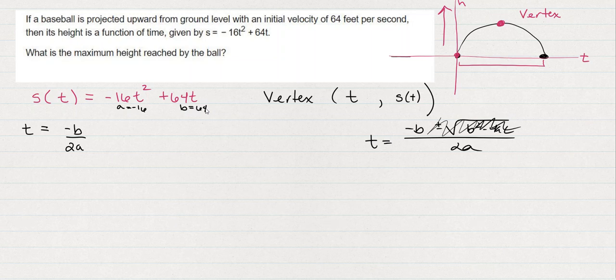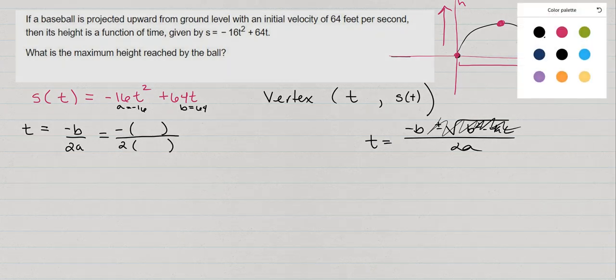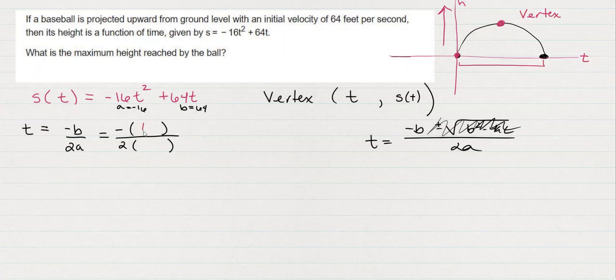B is always the coefficient of the linear term, the t in this example. So we'd have the opposite of b all over 2 times a. Now I'm going to do these problems by starting with an empty parenthesis, and then I'll fill in the b. B is 64. Fill in the a. A is negative 16.